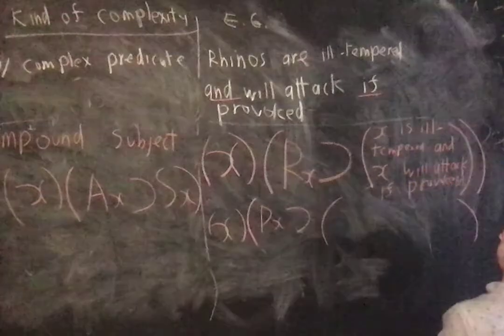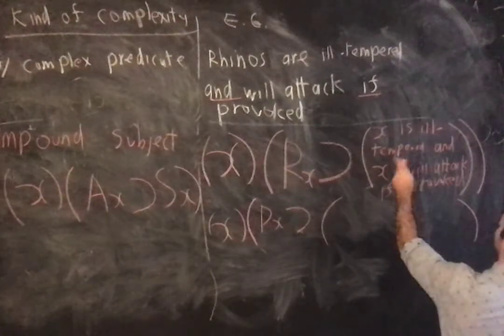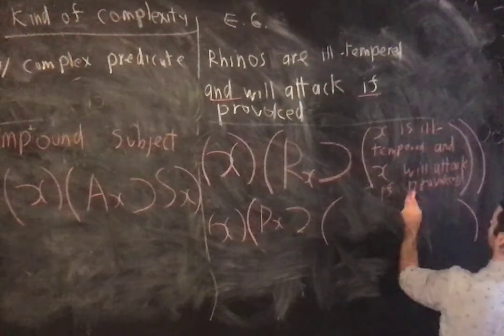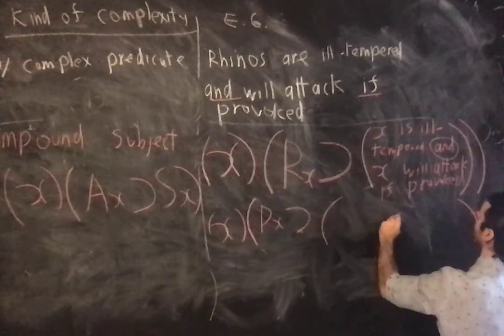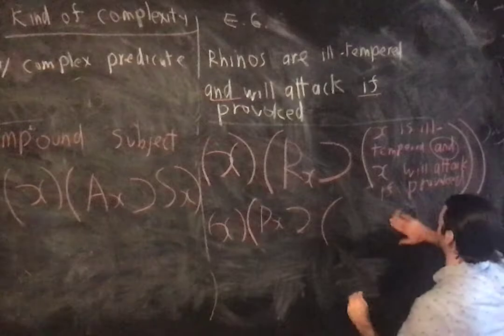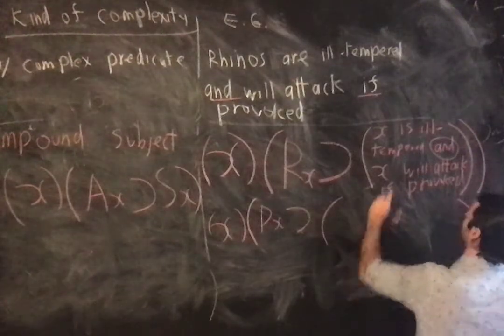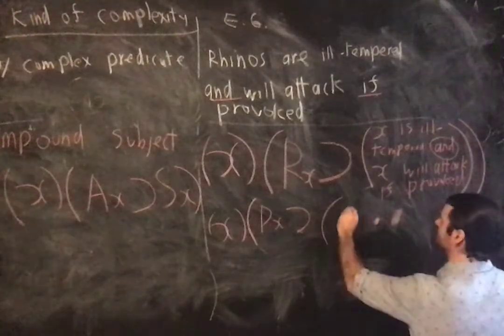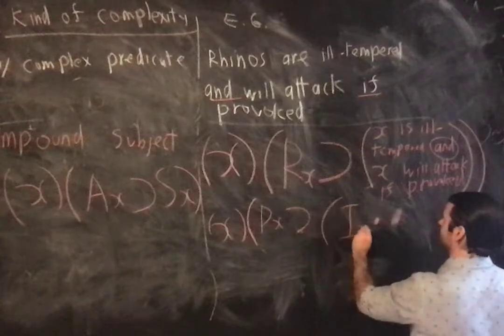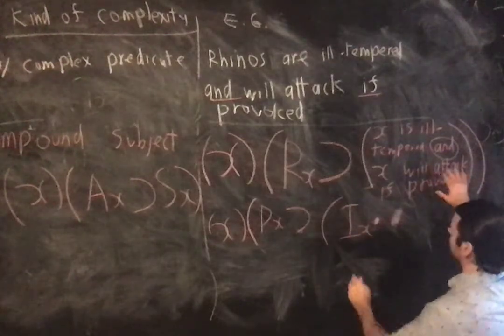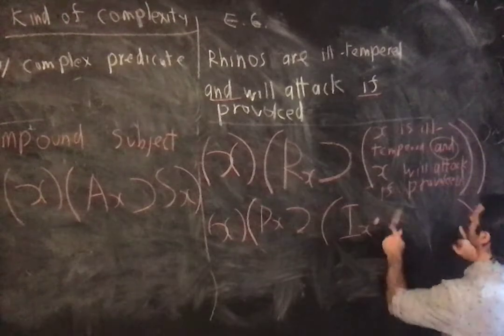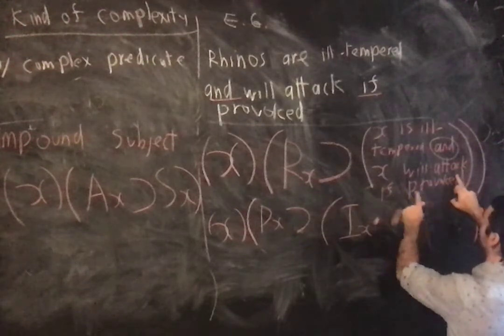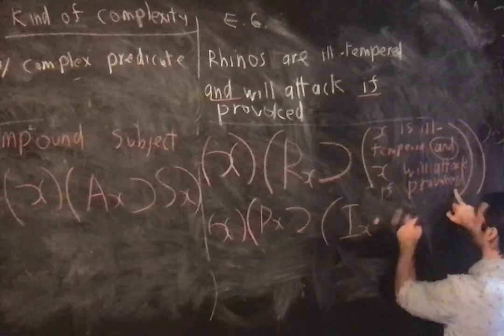So what's the major operator of this? X is ill-tempered and x will attack if provoked. The major operator is the and, so it's going to be a conjunction. So x is ill-tempered. And now the second conjunct is itself complex. X will attack if provoked.